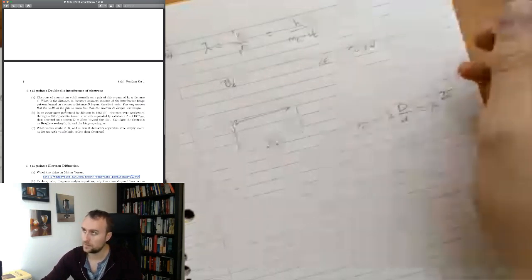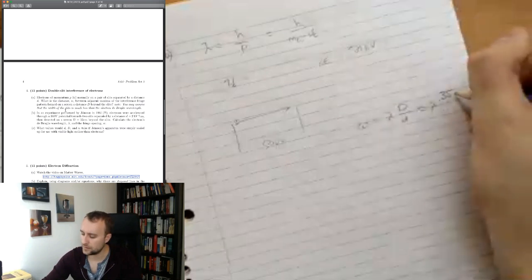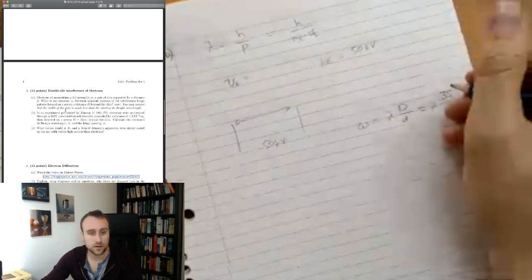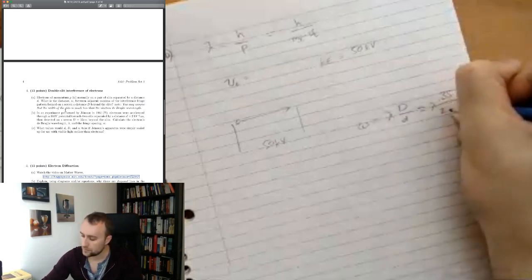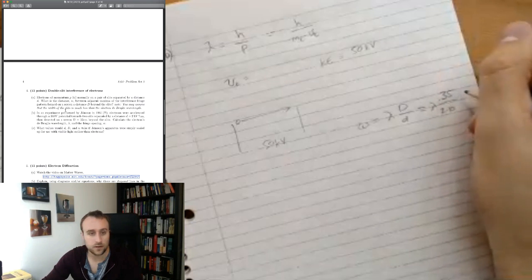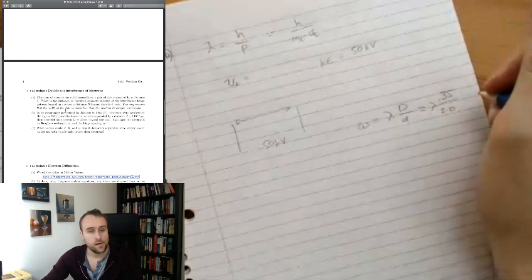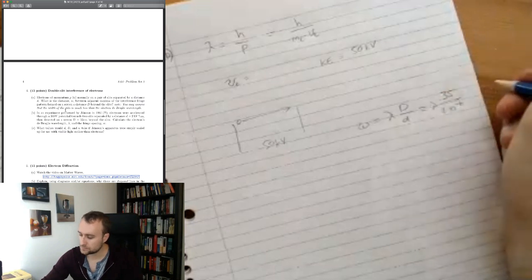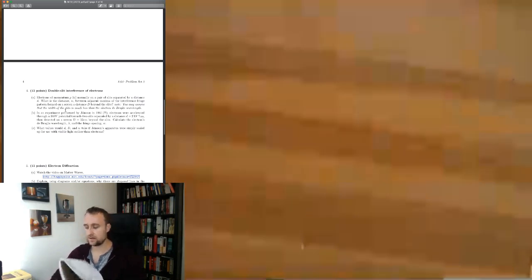So this is 35 centimeters is 0.35 meters. And then these are going to be 2 times 10 to the -6 meters. And so we just need to find lambda.